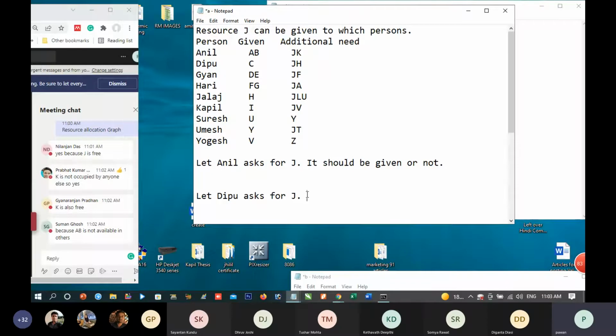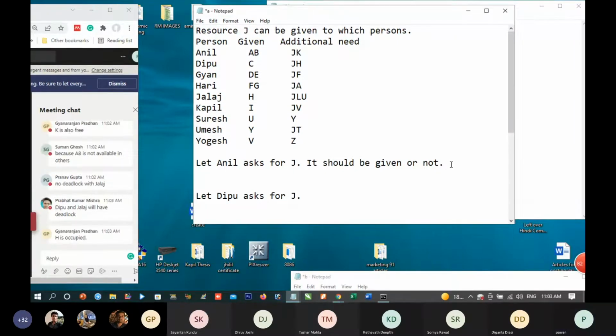Tell me in case of Deepu also. Why can it be given to Anil but not to Deepu?